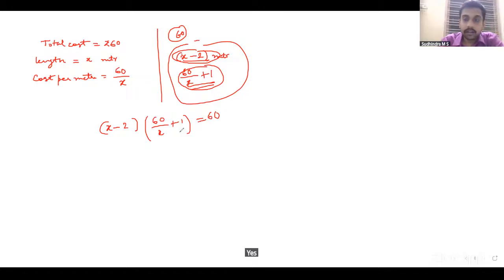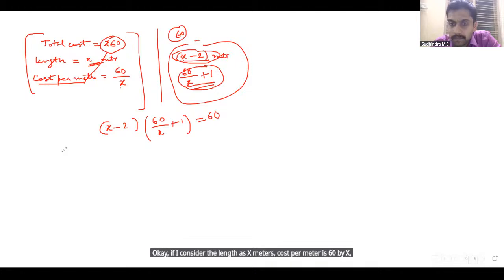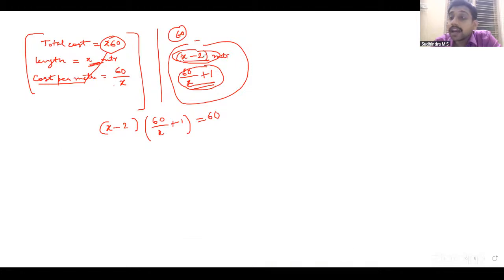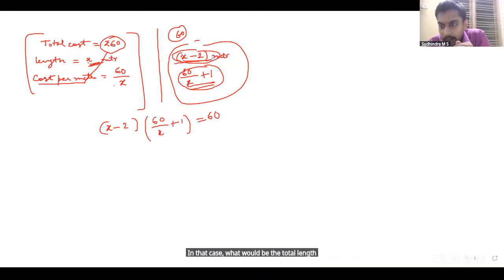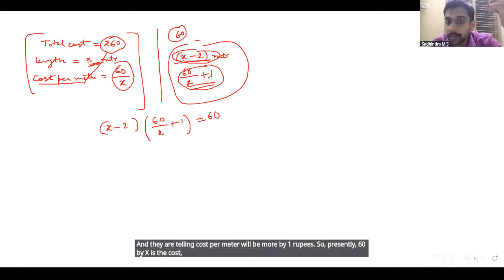So please explain again. Yes, that's why I'm asking, you should ask. They are telling the total cost is 60. If I consider the length as x meters, cost per meter is 60 by x. Now they are telling if the length is 2 meters shorter, what would be the total length? x minus 2 meters. And they are telling cost per meter will be more by 1 rupee. So presently, if 60 by x is the cost, more by 1 rupee means 60 by x plus 1.